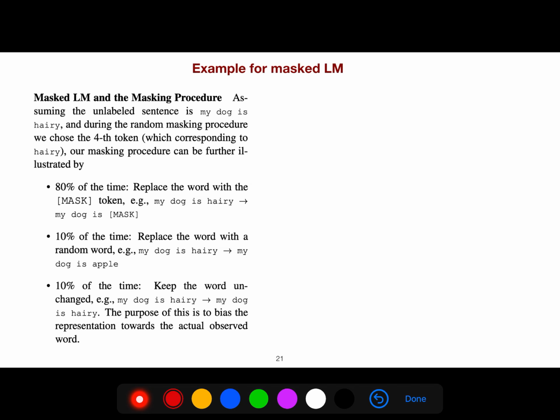Here in BERT, we only have the encoder. We mask any word that we don't know and we predict it. 80% of the time we replace the word with the mask token, 10% of the time we replace the word with just a random word from your vocabulary, and the remaining 10% we keep the word unchanged.